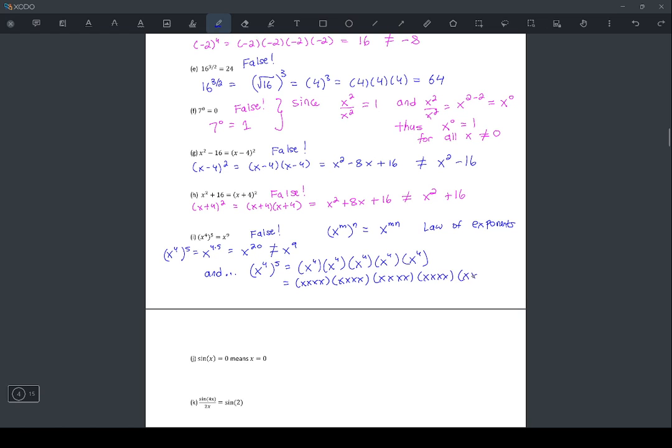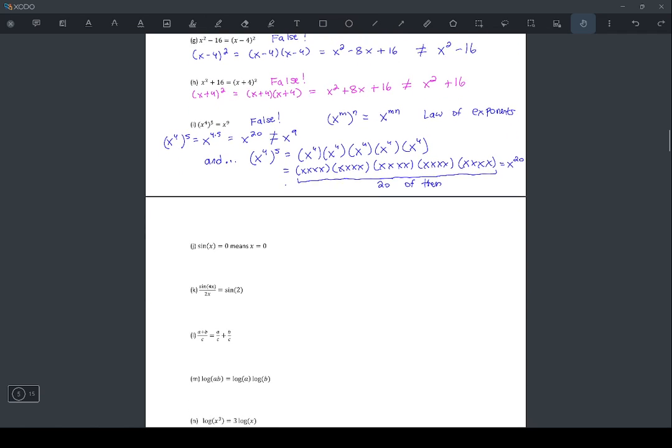Yep. There, okay. Now we count up how many x's there are. There's 20 of them if you count them all up. So we get x to the power of 20, not 9.